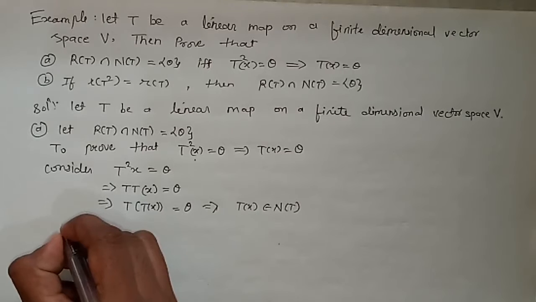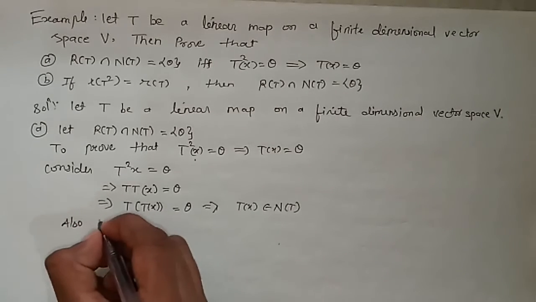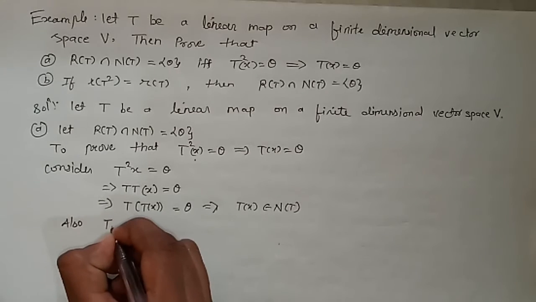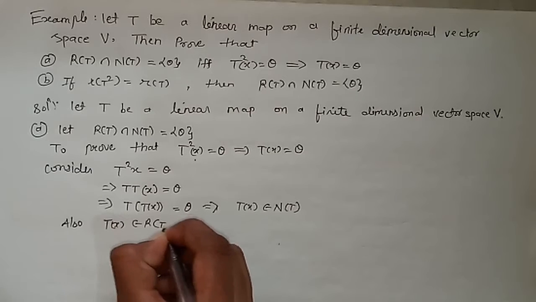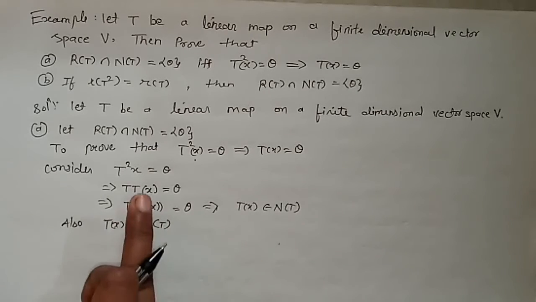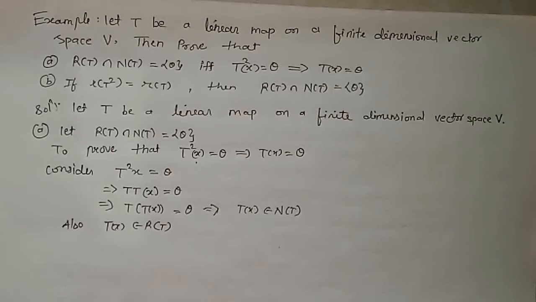This also, we know that T of x belongs to range of T, because if we are taking T mapping of this x element, then whatever we'll get as a solution will be part of the range set.